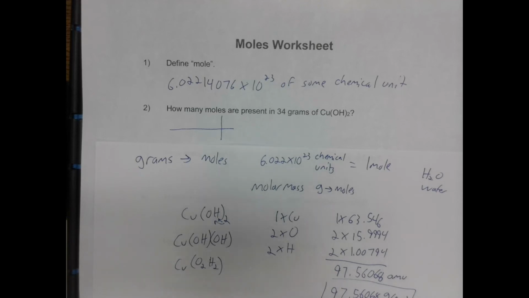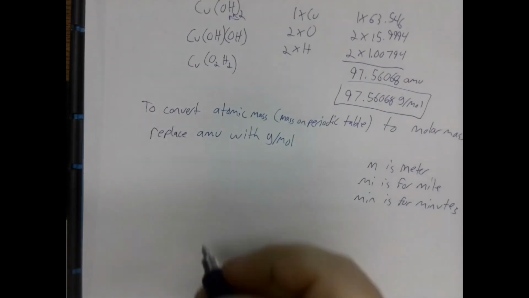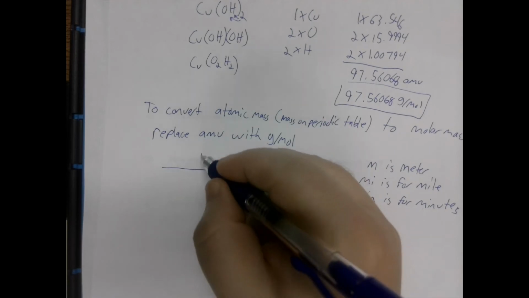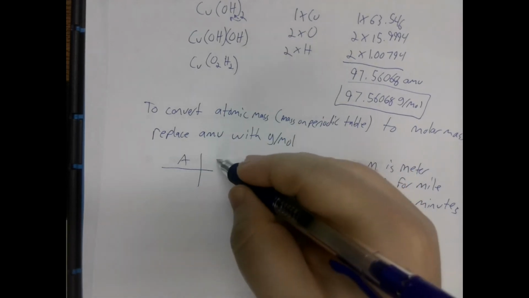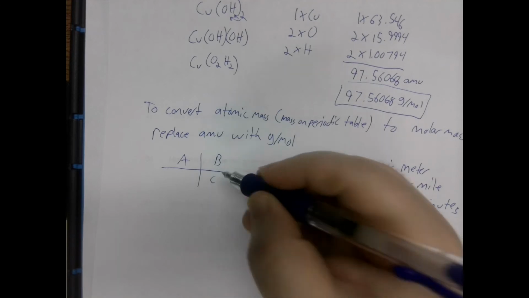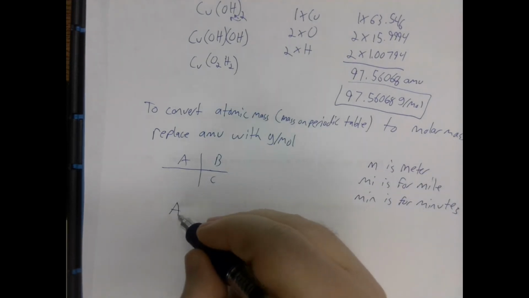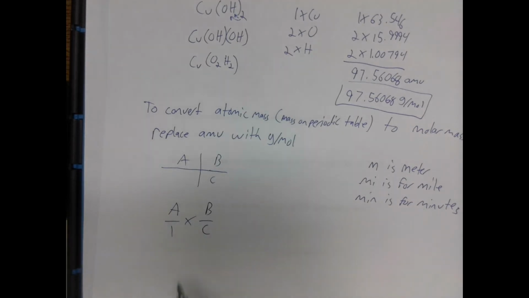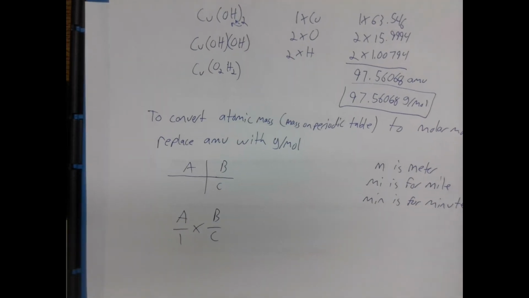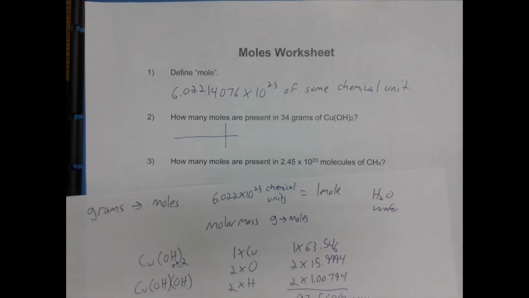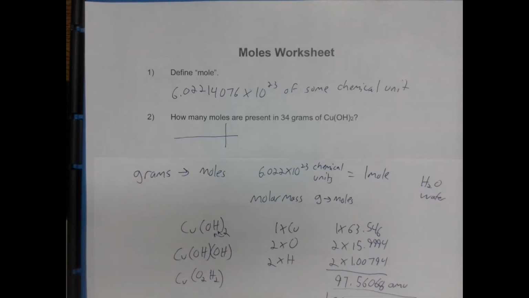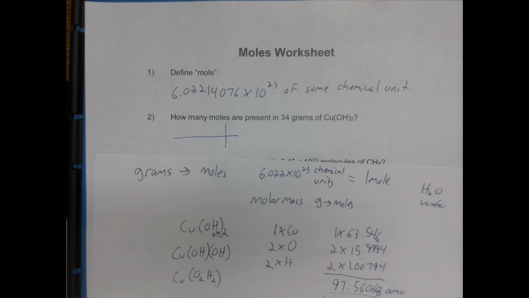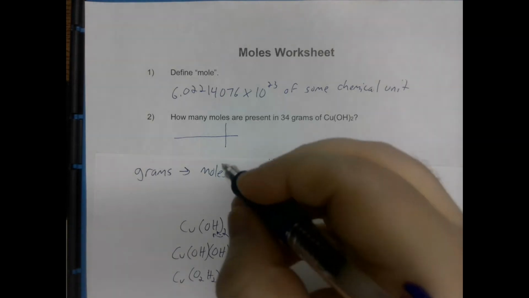Another method that a lot of teachers teach, is instead of using a grid, you have A, you have B and C, and they'll come over here, A over 1 times B over C. I don't like this. And whenever I see that you're using the grid, and then all of a sudden you switch notation, it just screams to me something weird is going on.